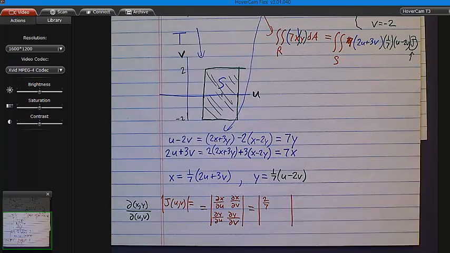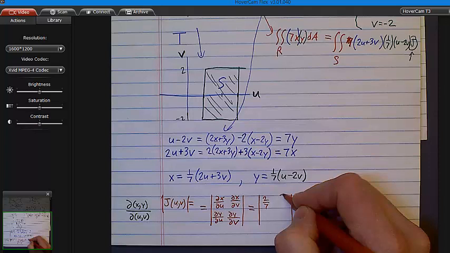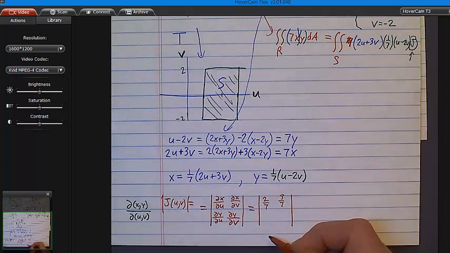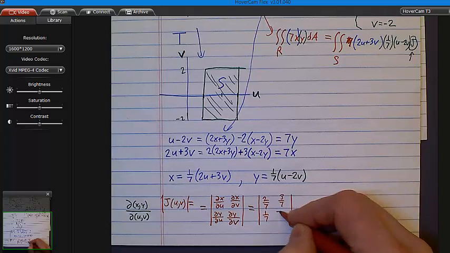In general, that's going to be a function, not a number. But in this first example, that's all it is, a number. You guys get that? So what about over here? dx dv would be 3/7, right? And then dy du would be 1/7, and dy dv would be negative 2/7, right?